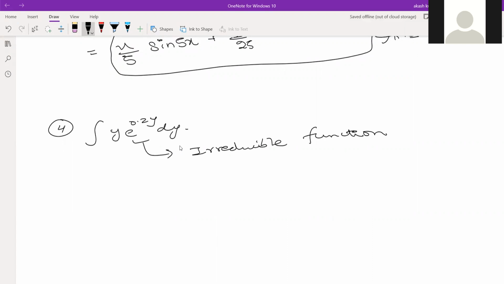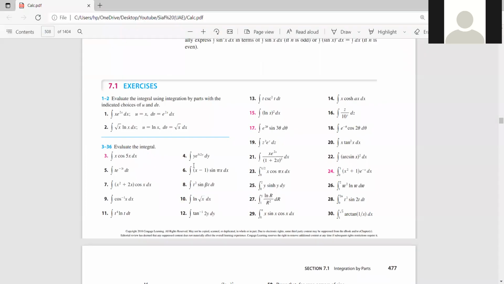You mean this 0.2y? Yeah, that is given in the function. That is y e raised to the power 0.2y dy. Okay.